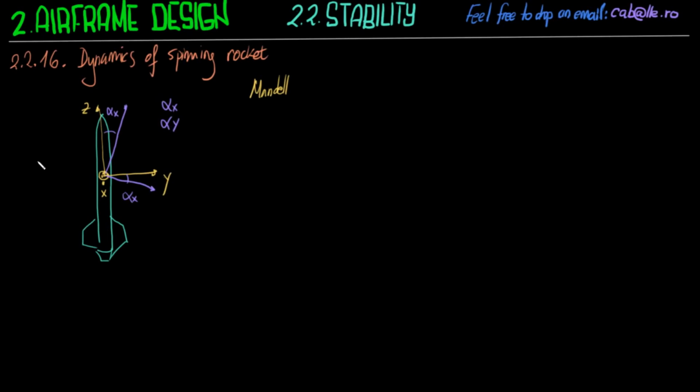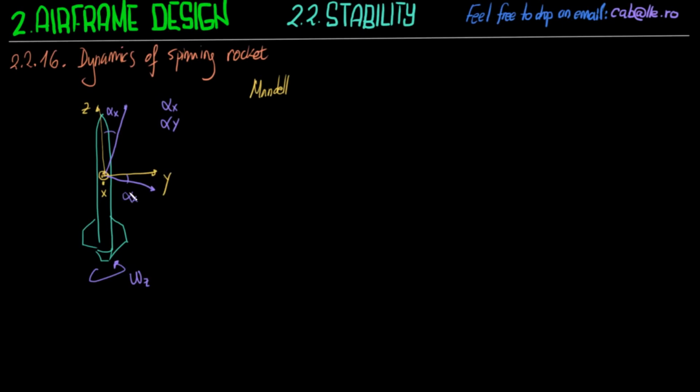So if we have a rocket that is spinning, the dynamic response, the transient response to a perturbation. Imagine this is spinning at a roll rate omega z. If we give this a kick, if it weren't spinning, we'd only have an alpha x, right? We wouldn't have angular movement in the y-axis.